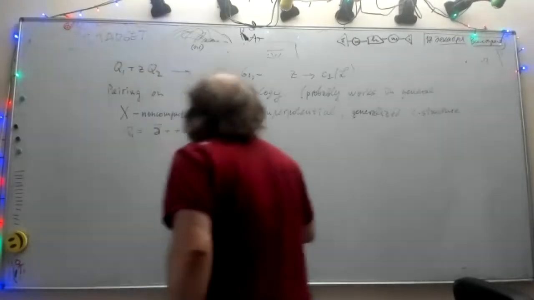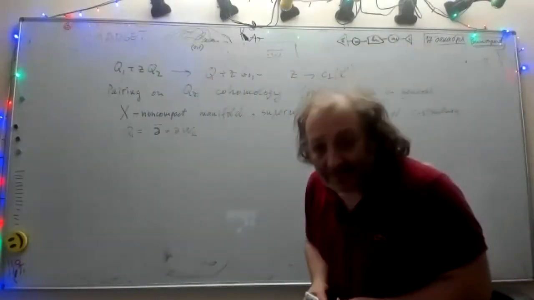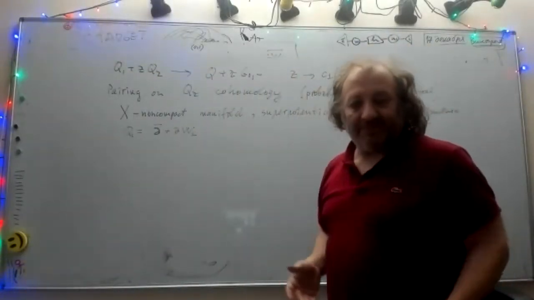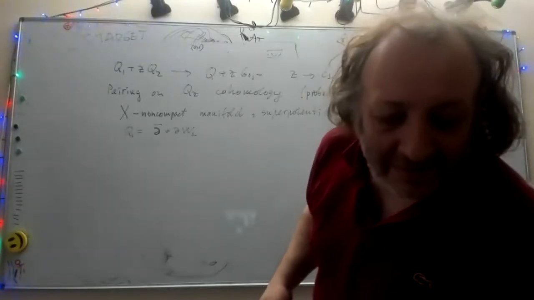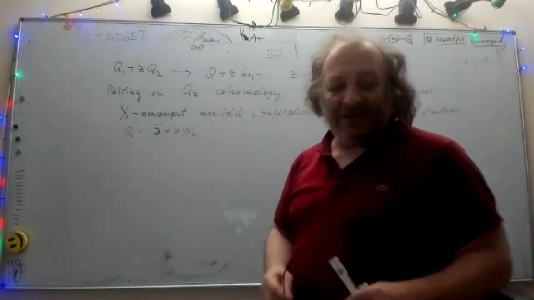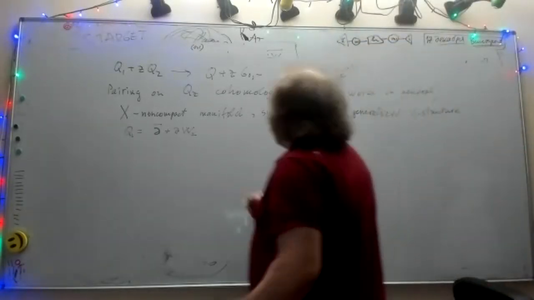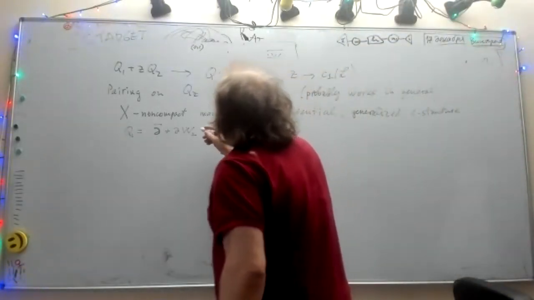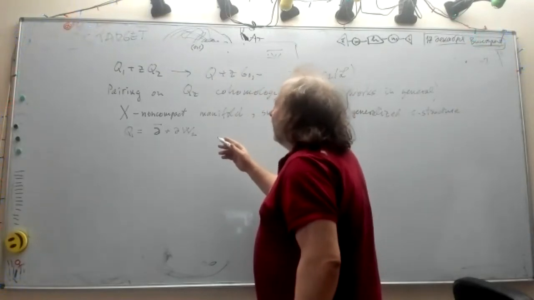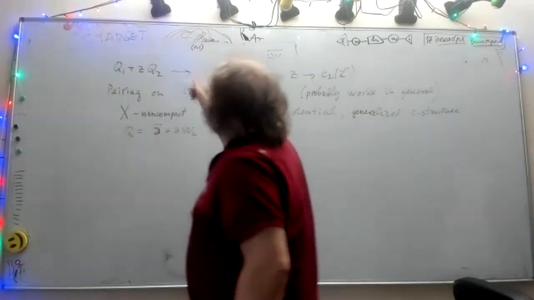And now, so I need to say, so it's Gorin, I think. Okay. So yes, now hello. I'd like to write down the pairing on this cohomology.